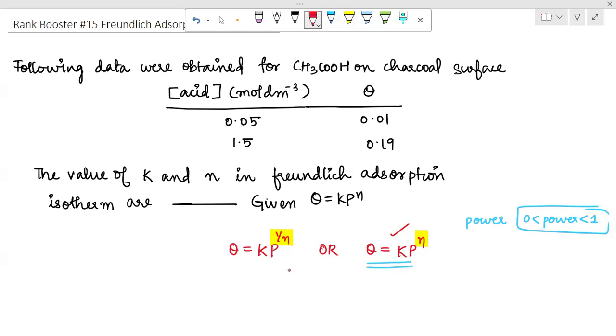So let's take log on both sides because we need to plug in these values at two different instances.